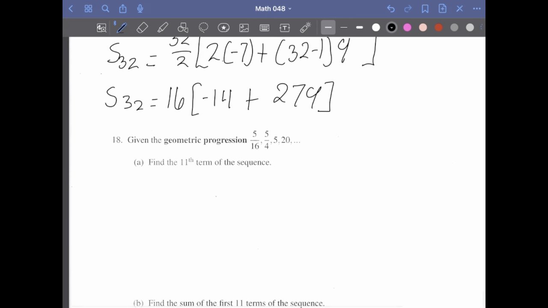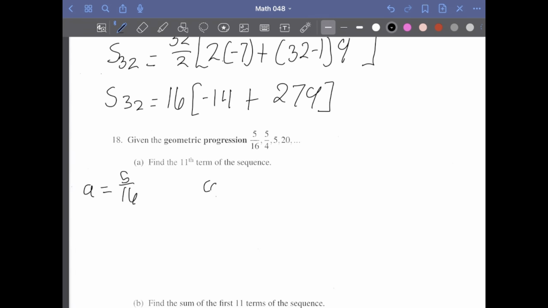Okay, so we're given the geometric progression. Find the 11th term of the sequence. So the first term is 5 over 16. We're going to divide the first two terms to figure out the common ratio.